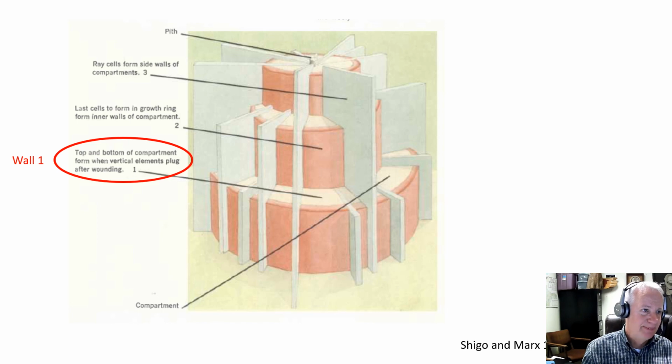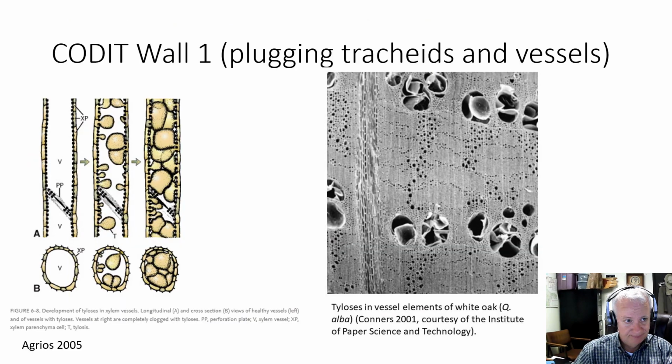So he said the top and bottom of that compartment forms when the vertical elements are plugged after wounding. So wall 1 can be considered an induced response because that usually doesn't happen until after wounding.